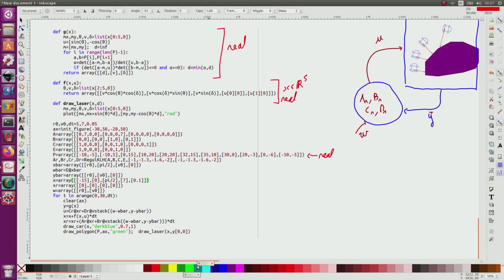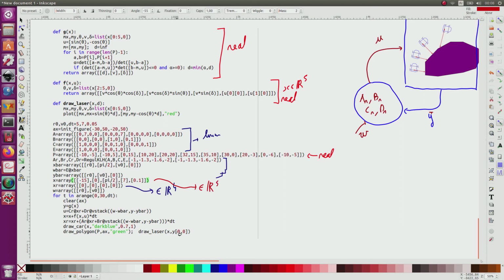But the controller is the same as in the linear world. So this one corresponds to the linear world, and also this one is computed for the linear world. Okay, this one is of dimension 4, but the true vector is of dimension 5 due to y.